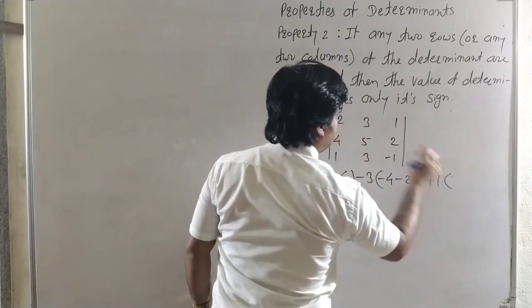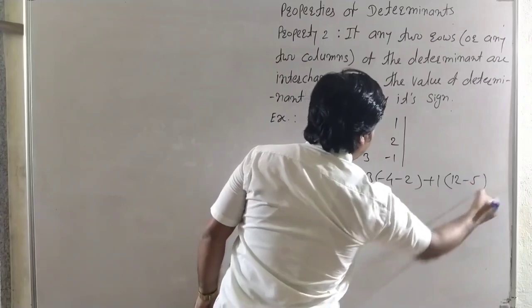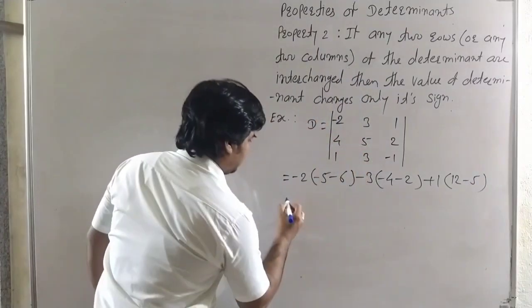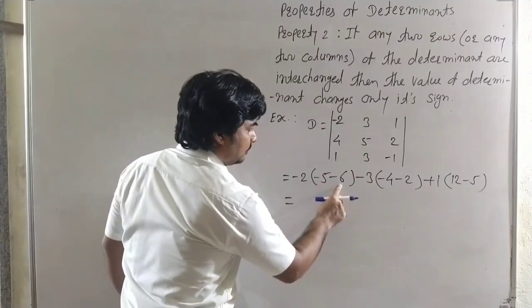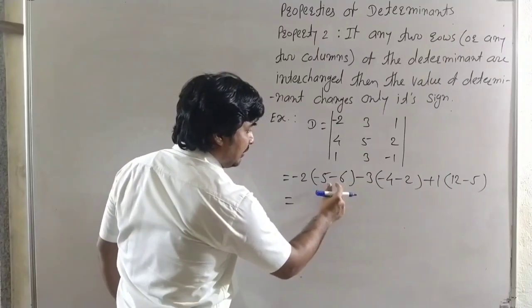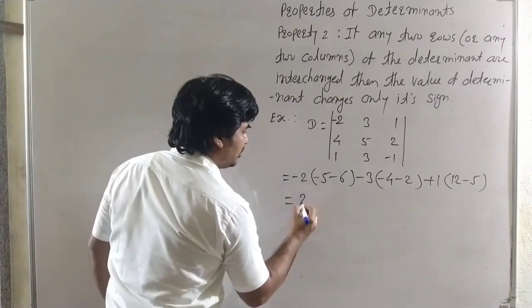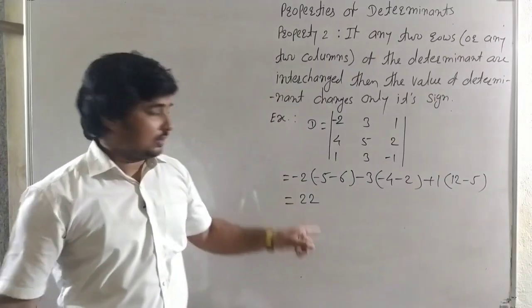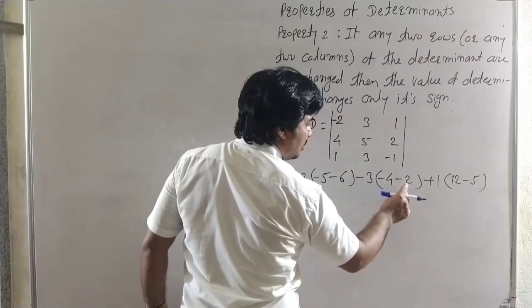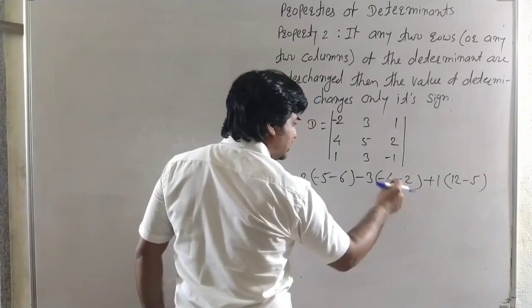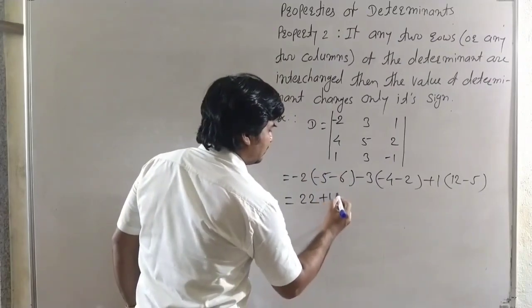Plus 1, the third number as it is, then 12 - 5. See carefully: -11 into -2 is 22. See the calculation carefully: -6 into -3 is +18.